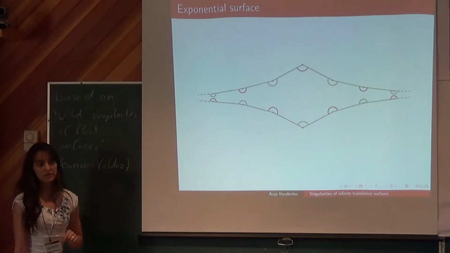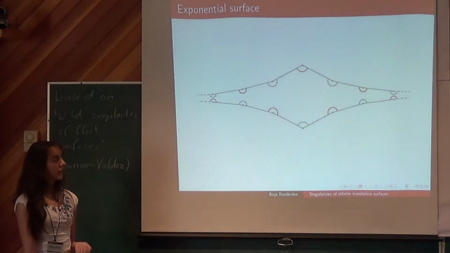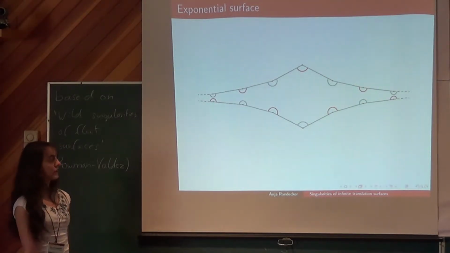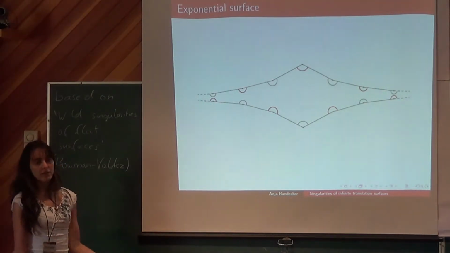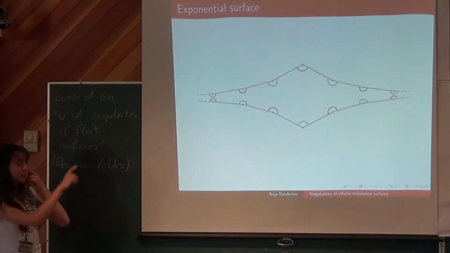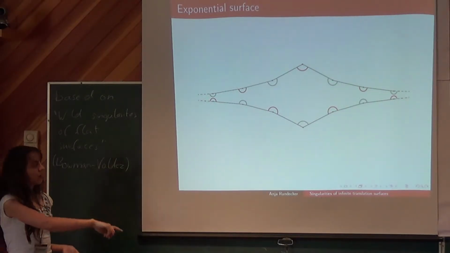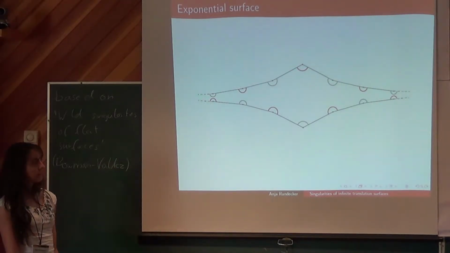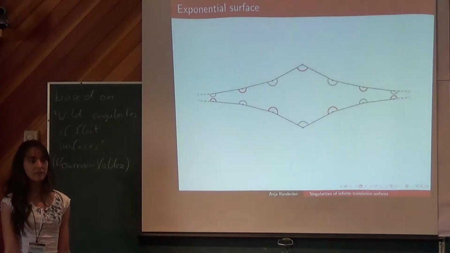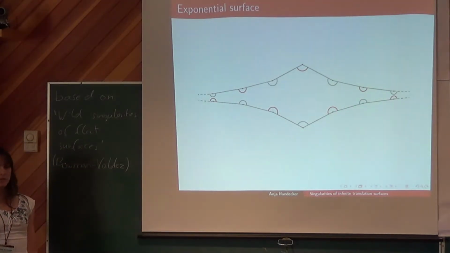So the distance is 0, so they belong to the same singularity, because they're in the metric completion. And so this is one singularity. It's not a finite angle singularity, it's not an infinite angle singularity, so it must be wild. And it has 2 rotational components.